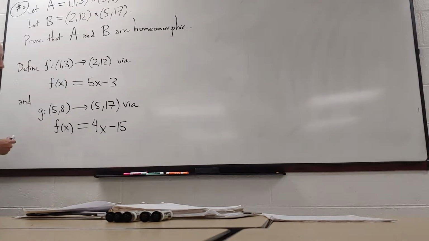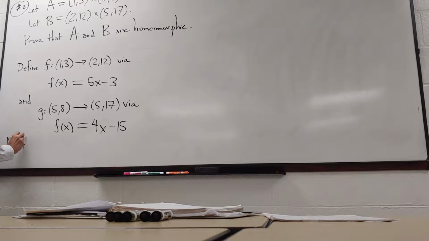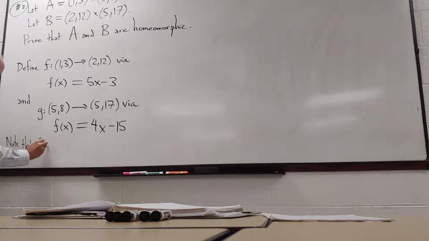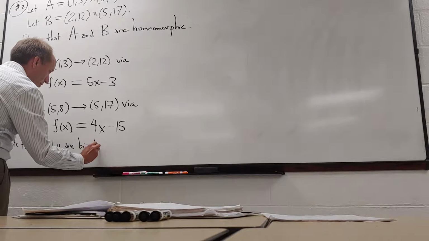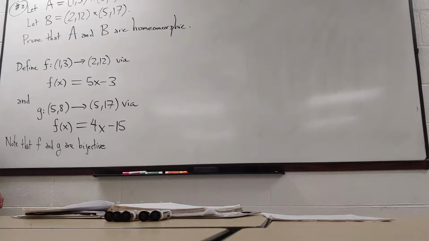All right, so we create those two functions. Now I would like to note that f and g are, well, first of all, they're bijections. Are bijective. I think we can say that that's clear.